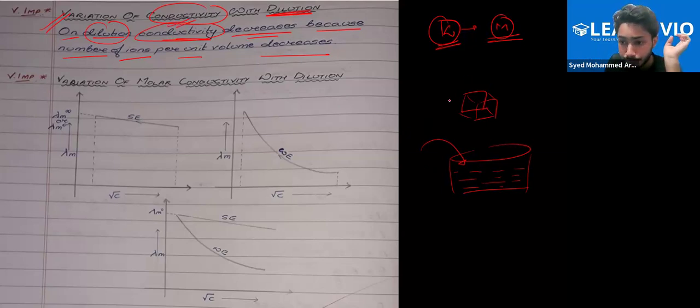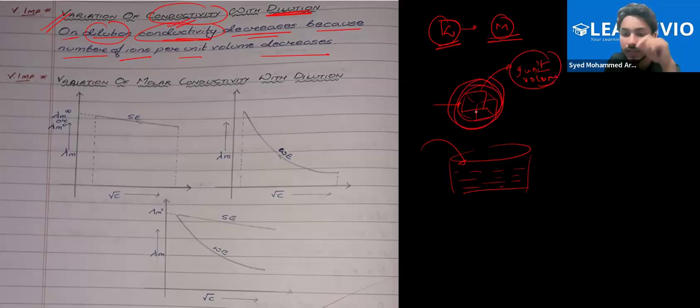Conductivity is the conductance per unit volume. Let's say this is 1 unit volume. The conductivity through this 1 unit volume is my conductivity. So on dilution, my conductivity decreases.